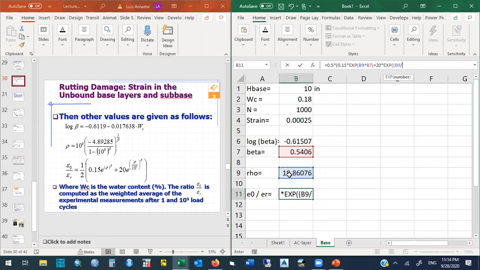Rho divided by 10 to the 9 to the power of beta. And I close the parentheses of the exponential, and I close the parentheses of the entire expression. That seems about right.